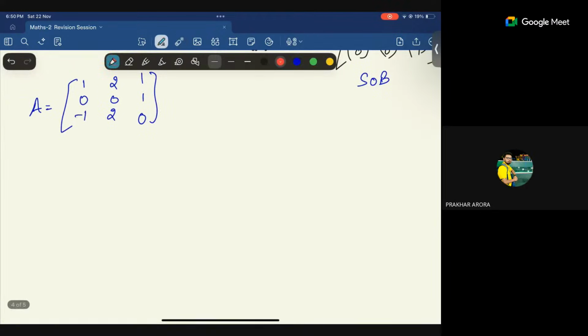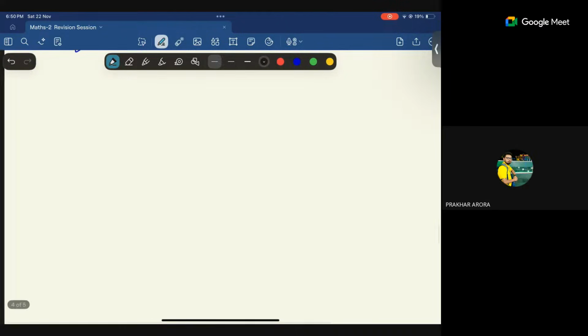Now the next topic, and the last topic we will talk about in week 6, is a very important and extremely simple one: kernel and image.